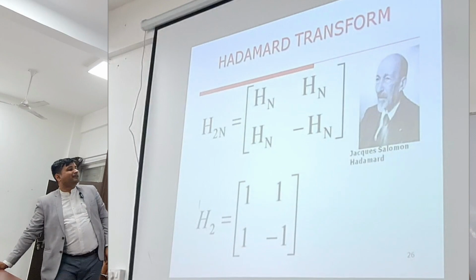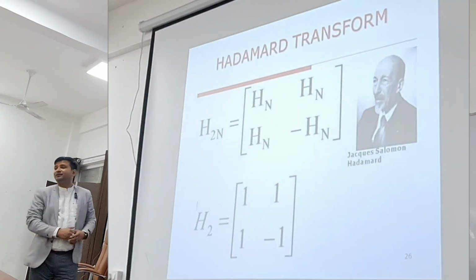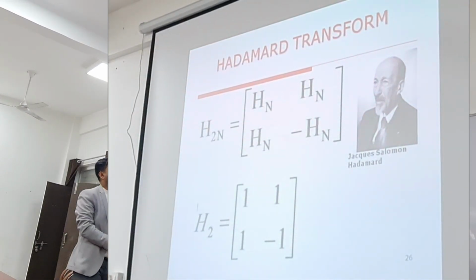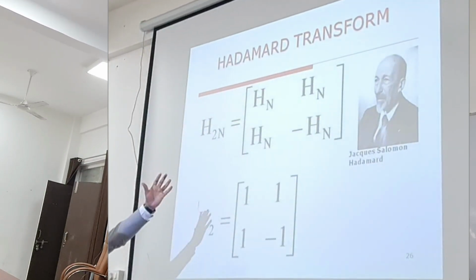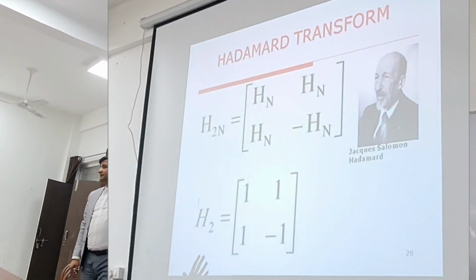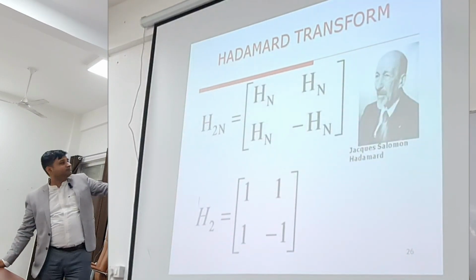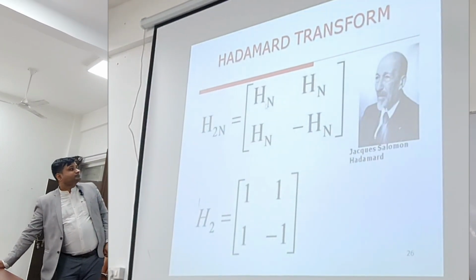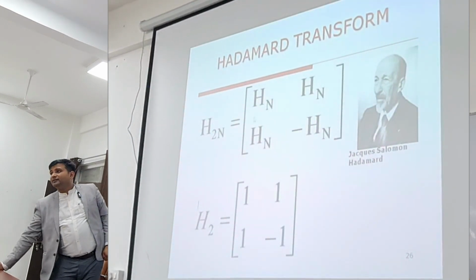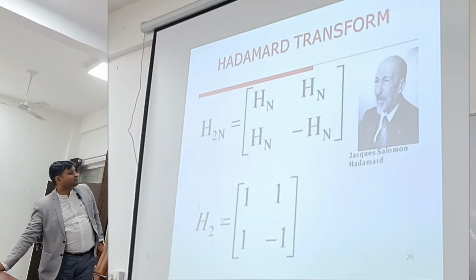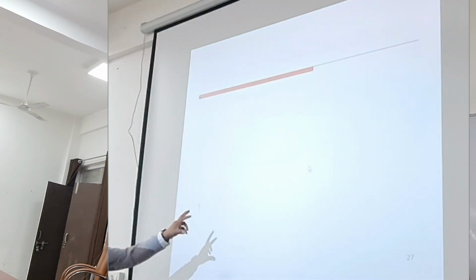Another transform is Hadamard. This was invented by Hadamard, and this is the matrix of the Hadamard basis function. How does it work? H2n is built from Hn. This is the diagonal. These are the same. This H2 is the standard basis function, 2 cross 2.